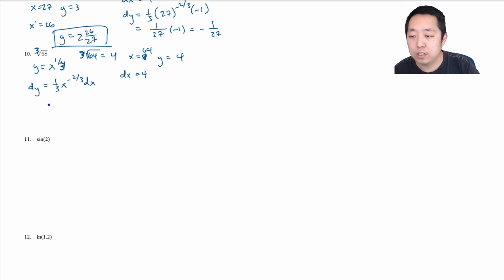So if dx is 4, my dy is 1/3 times 64 to the negative 2/3 times my dx, which is 4. So that's 1/3. Cube root of 64 is 4. And 4 to the negative 2 is 1 over 4 squared, times 4. And so one of these cancels, and it is 1/12.